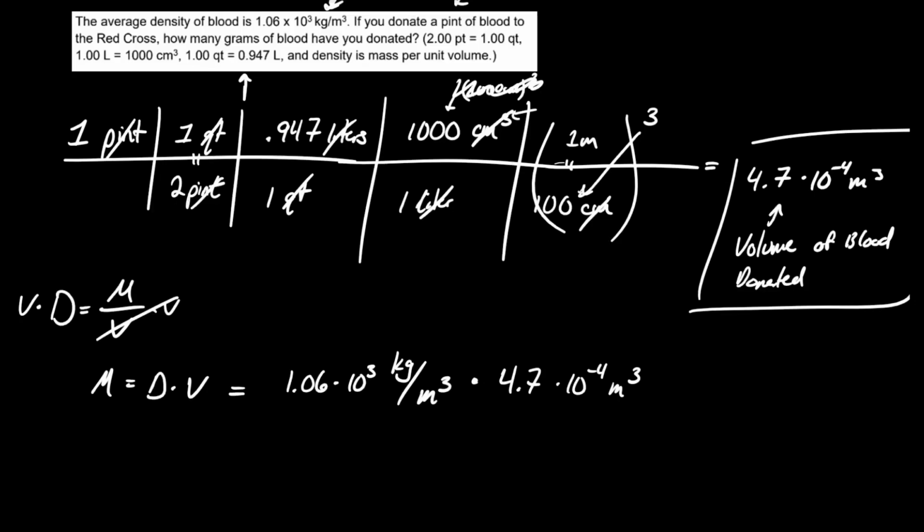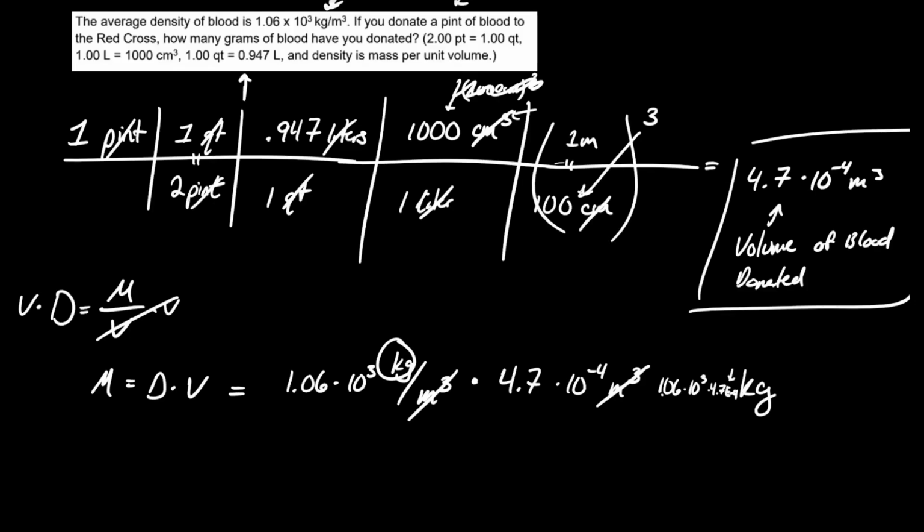Okay, let's do the unit conversions. Let's cancel whatever units we have. So we have meters cubed upstairs, and we have meters cubed appearing in the denominator. So those cancel, and the surviving unit is kilograms. And the surviving numbers are 1.06 times 10 cubed, and then, I'm going to run out of room, 4.7 e negative 4.